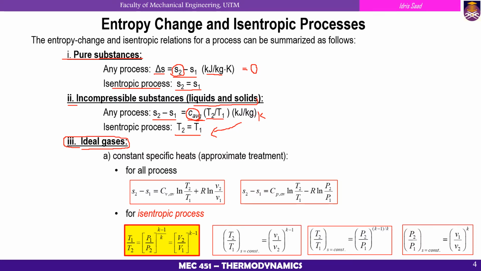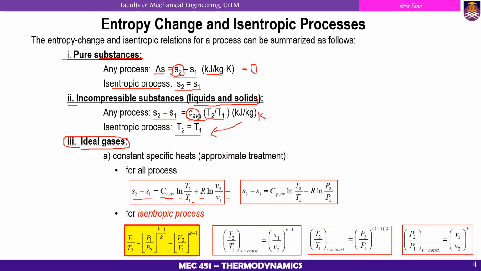So therefore, the entropy change for the process is equal to S2 minus S1, specific heat at constant volume, in the case of average. So the average here is, please remember, at 300 Kelvin: Cv average ln T2 over T1 plus R, the gas constant, ln V2 over V1.